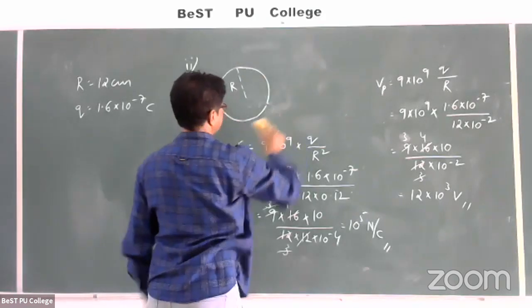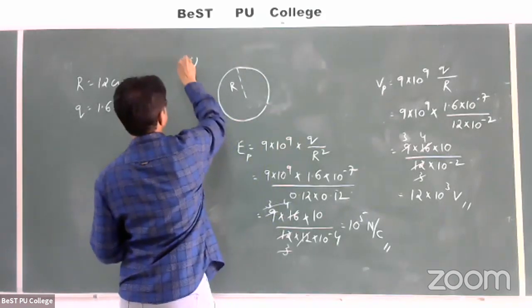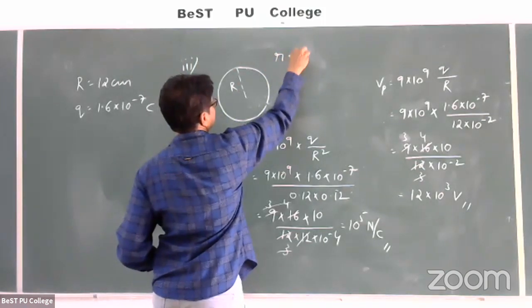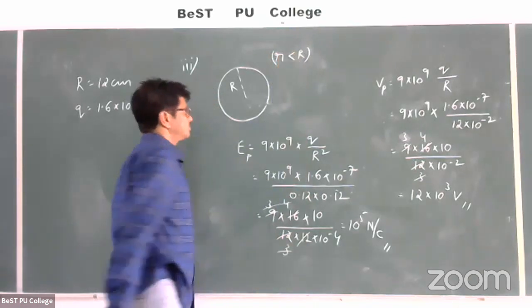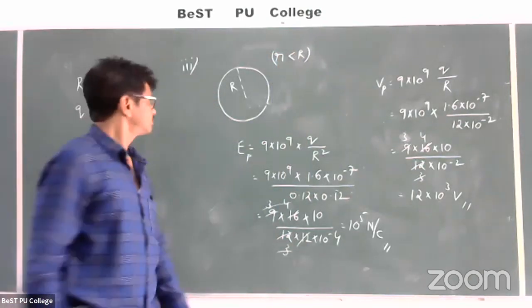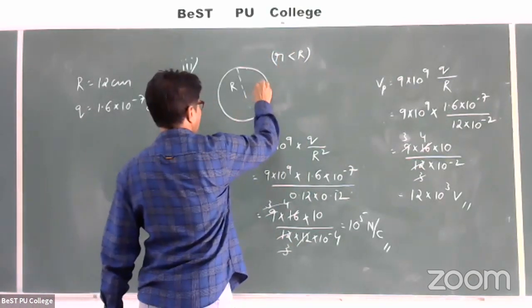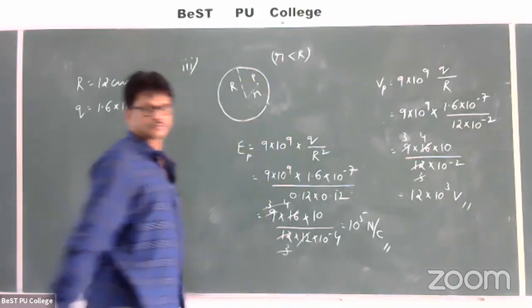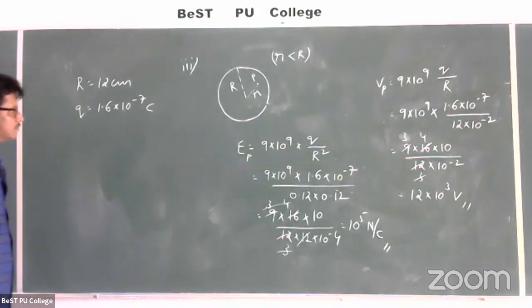So small r value is lesser than capital R. Somewhere here the point P is there inside the sphere.